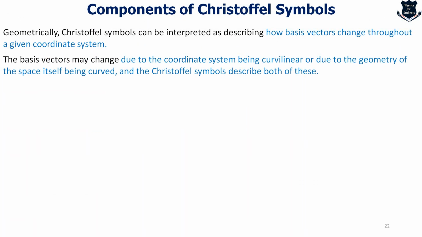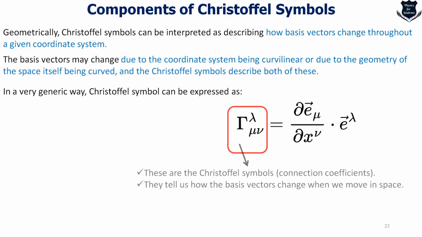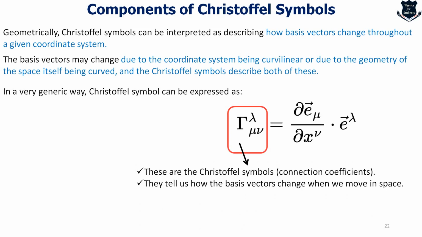We have already seen that it is basically how basis vectors change, and basis vectors may change due to certain reasons. Now I would like to explain what this means. This is the Christoffel symbol we have seen. So if I take this point, it basically means the connection coefficient. Let us put it in very simple English words.